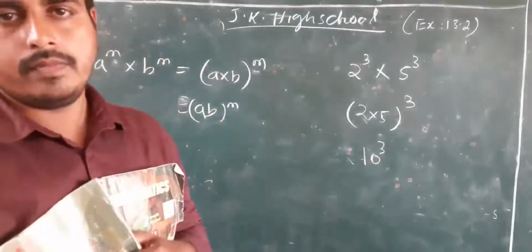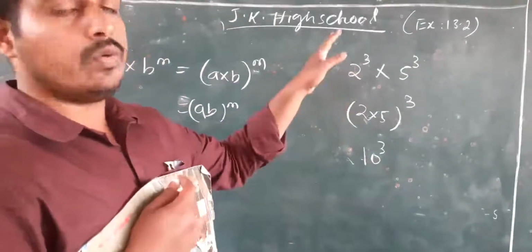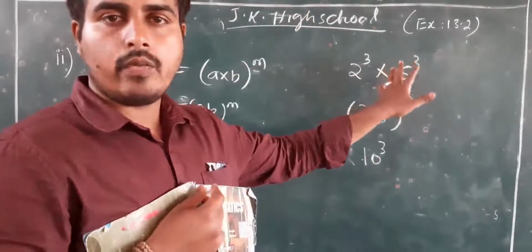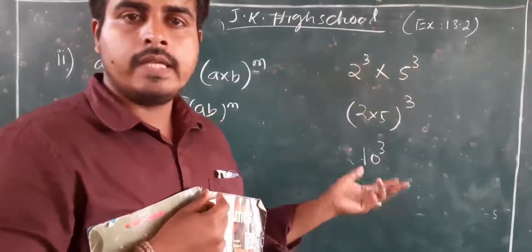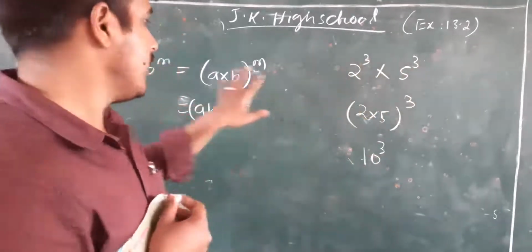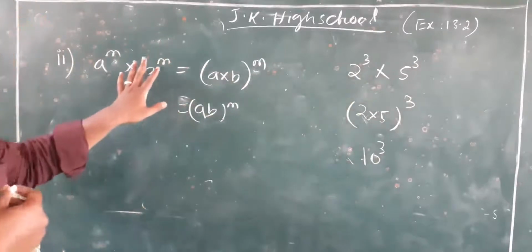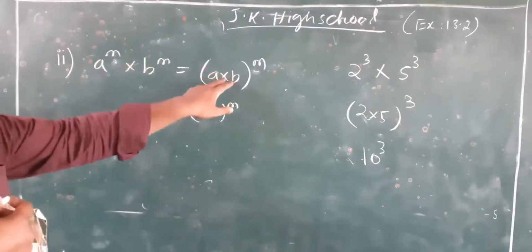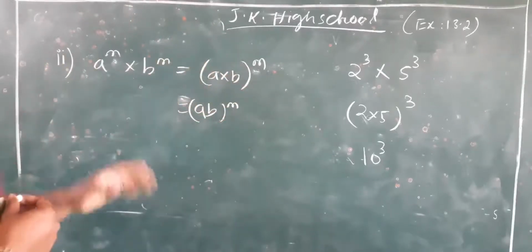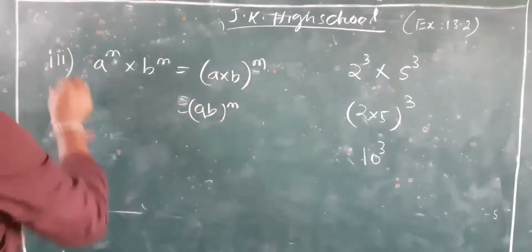Very simple. Instead of solving 2 cube as 2 into 2 into 2 and 5 cube as 5 into 5 into 5 and then multiplying, you can minimize all these calculations just by using this formula: a raised to m into b raised to m is equal to ab whole raised to m. This is the third law.